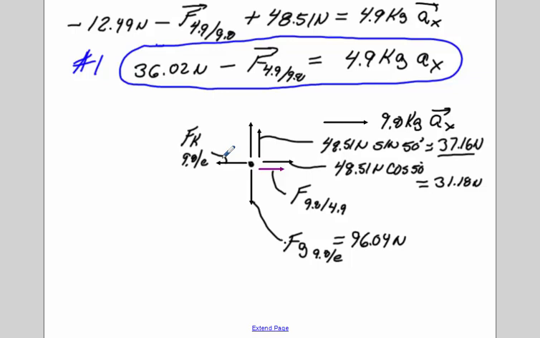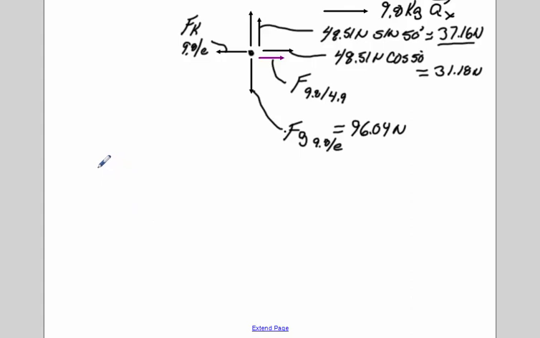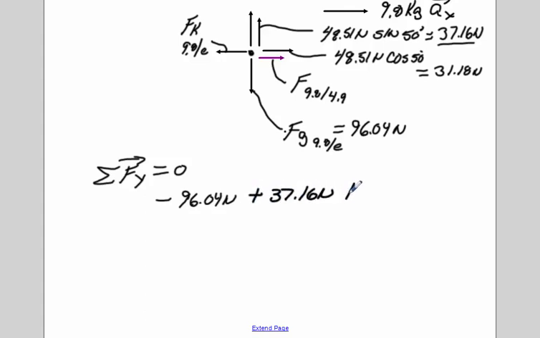Okay, at this point, I'm going to sum forces in the y direction first. I will set that equal to 0 because I know the object's not going to accelerate up or down. I will get minus 96.04 newtons going down, plus 37.16 newtons going up, plus my F normal, which I did not label.